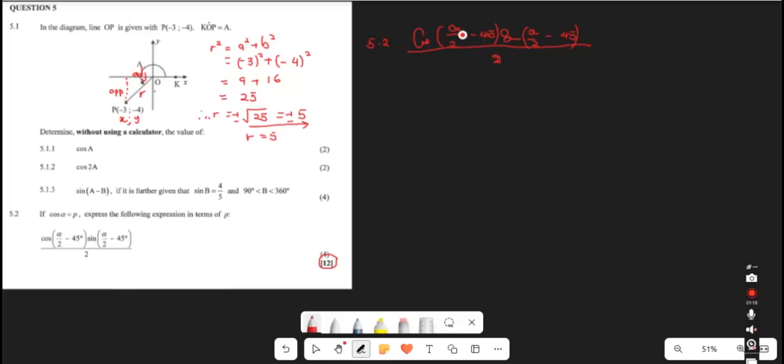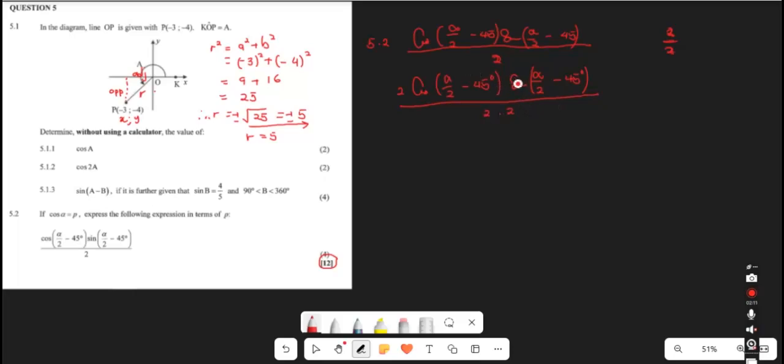So this looks like a compound angle. But what can we do to solve this thing? My guess would be if we multiply this thing by 2 over 2. Now suddenly I will have kind of like a double angle. So okay, now I have 2 cos of (half beta minus 45 degrees) sine of (half beta minus 45 degrees), all over 2 multiplied by 2.